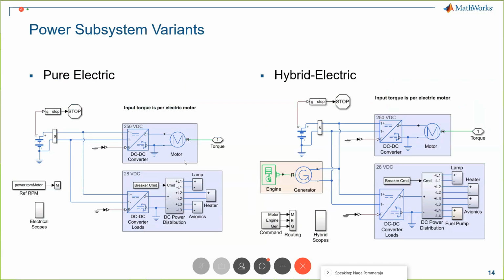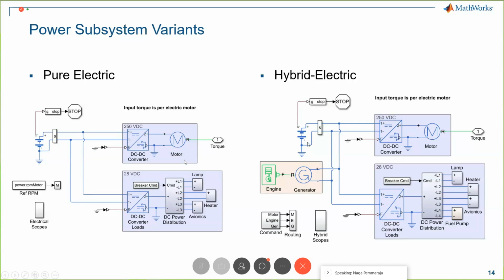One is a pure electric and the second one is a hybrid electric. So we have an option to choose between pure electric and hybrid electric. In the pure electric, it's all motors and DC-DC converters. Whereas with hybrid electric, as we discussed earlier, we are also bringing in the engine and generator, so that the power is split between the engine part and the motor.